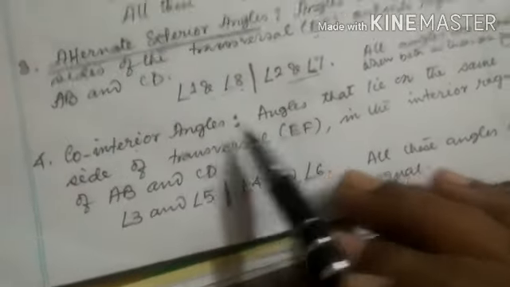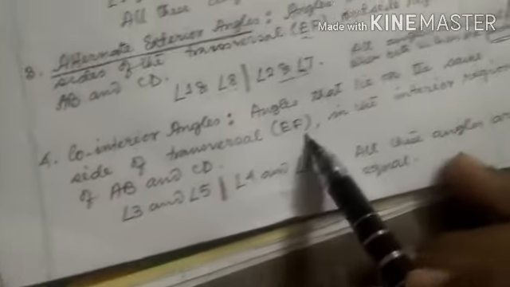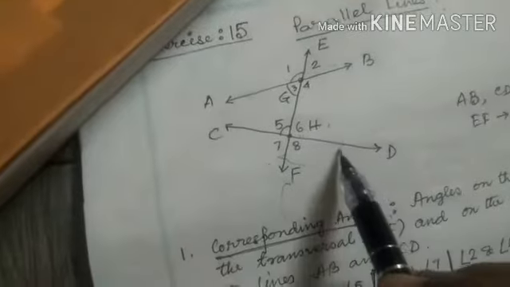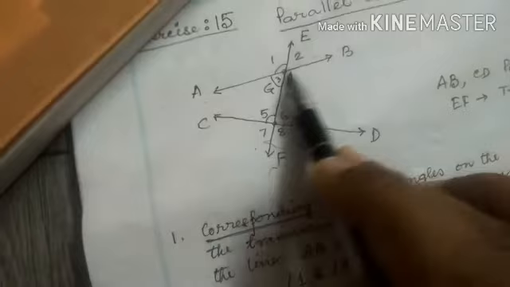Now another angle is co-interior angles. What is co-interior angles? Angles that lie on the same side of the transversal in the interior region of AB and CD. This means AB and CD are two lines and EF is the transversal.